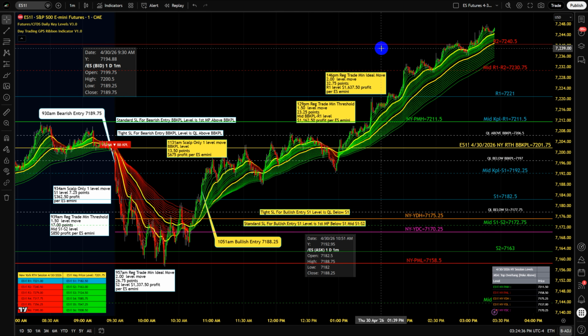If you want to buy the add-on Day Trading GPS ribbon indicator, this ribbon indicator also has a 9:30 a.m. filter for use on indexes as well. You can also use that 9:30 a.m. filter for regular stocks, ETFs, futures, etc. The filter is primarily designed for use on indexes.